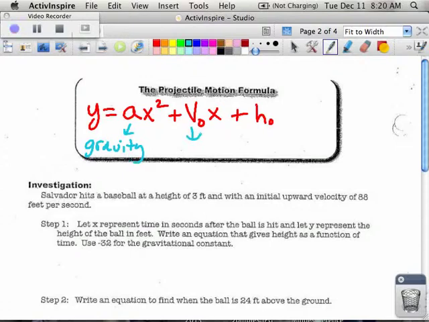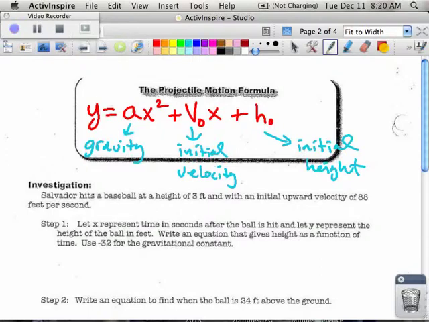The v is what they call the initial velocity, and the h0 is what they call the initial height. Now there's a little bit more to this gravity thing. When you're doing gravity, there's one kind of gravity, but there's two ways they talk about it.